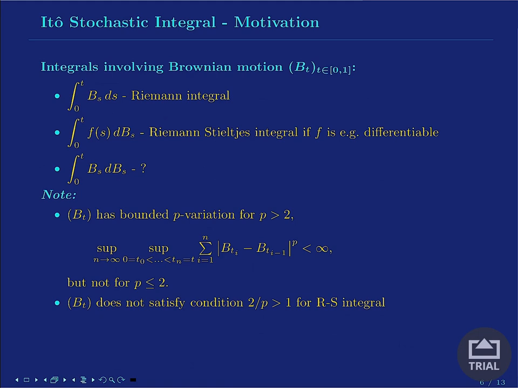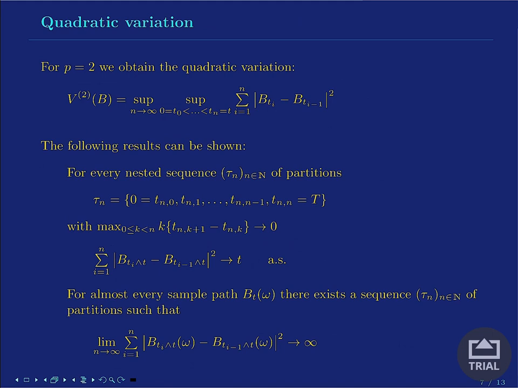So the condition for the existence of the Riemann-Stieltjes integral is not met. So this integral here, if we can attribute any sense to it, this particular formula, definitely cannot be interpreted as a Riemann-Stieltjes integral.